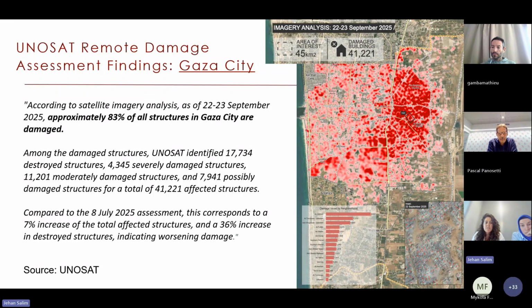If you look at the numbers, this is a map from UNHCR from September 2025. 41,000 completely damaged structures are in that one area alone. This has been done by UNHCR every few months, so you can see the comparison over the months has increased and is worsening over time.